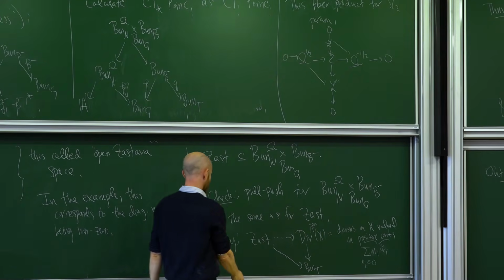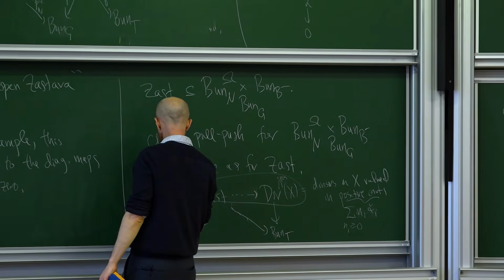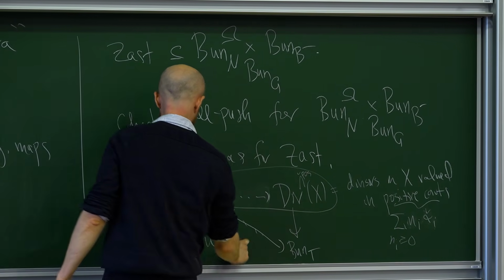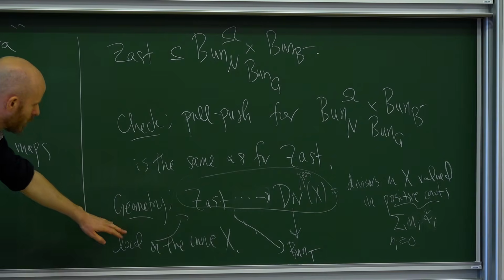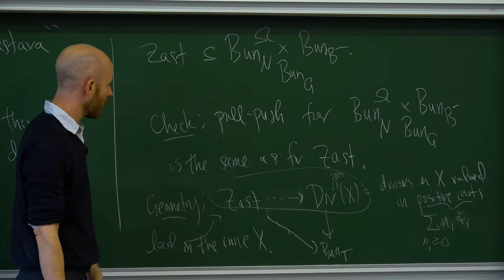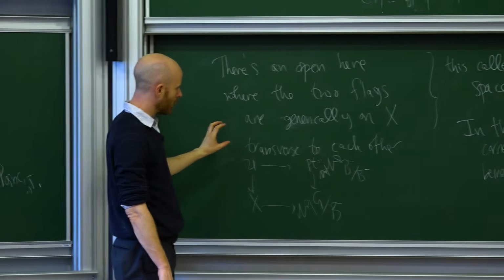Then it turns out that this picture of Zastava over the space of divisors is actually all local on the curve. So it's not really a global statement anymore. I can talk about the space of divisors for an affine curve, and I can talk about the Zastava space for an affine curve, because everything for the Zastava space is trivialized on some open set, and there are just some bubbles around some finite set of points where all of the action happens.